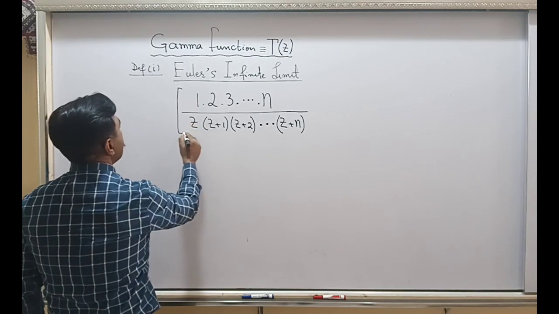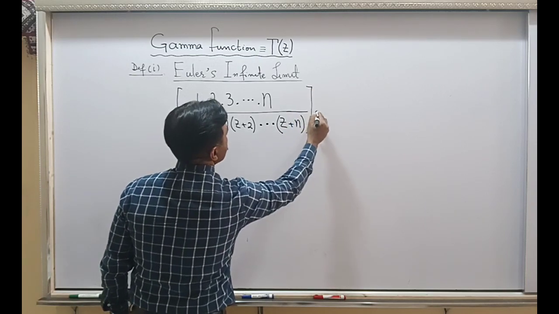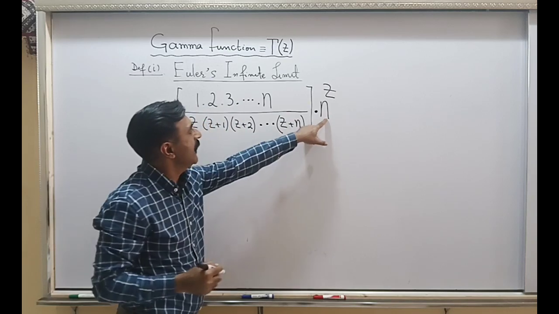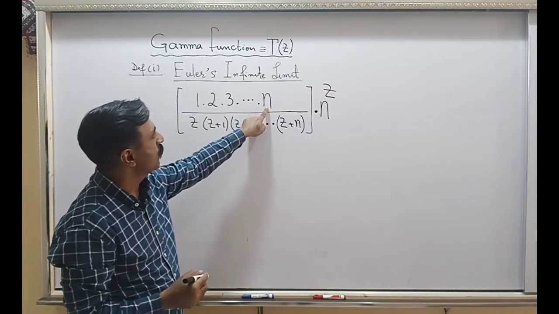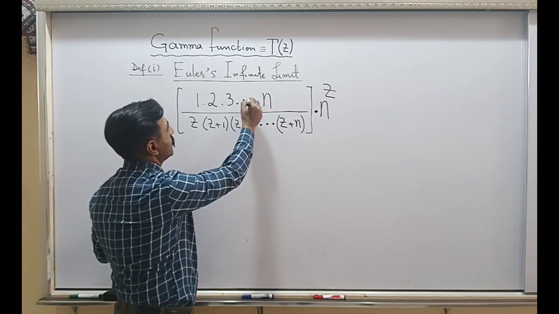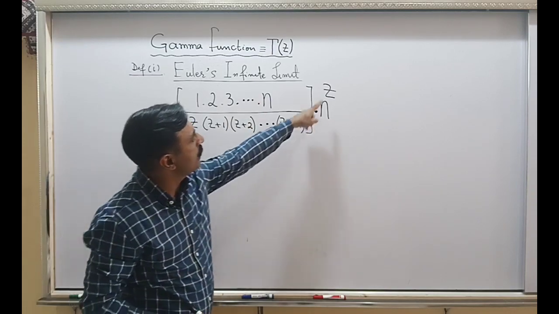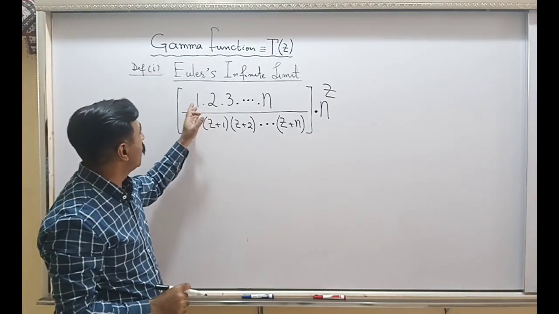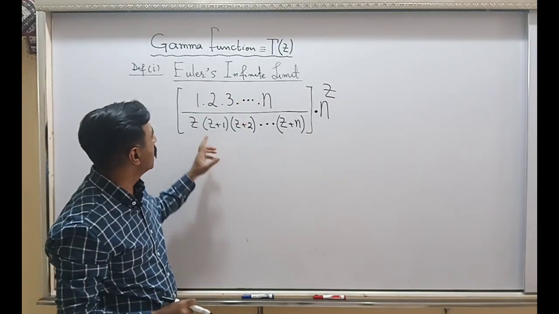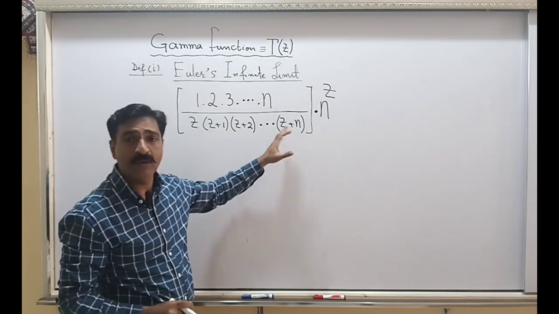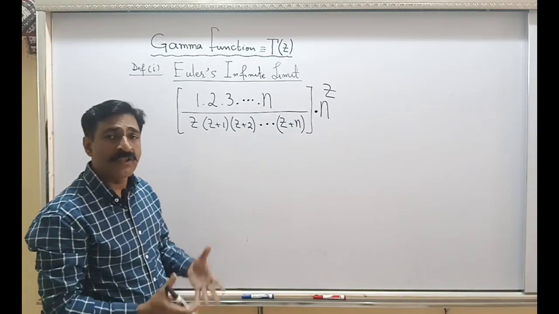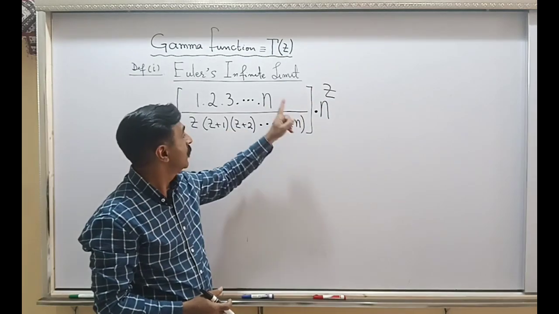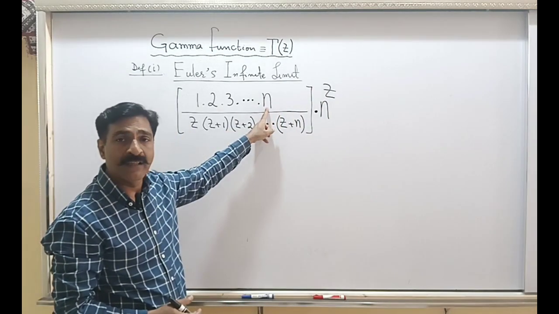And this whole thing is multiplied with n to the power z. This n is the same as used here in the factorial. So n to the power z. Now, whatever this is, it contains 1, 2, 3 and so on. Similarly, 1, 2, 3 and so on. All these are the constants. The general symbols in this expression are 2 in number. The first general symbol is n.